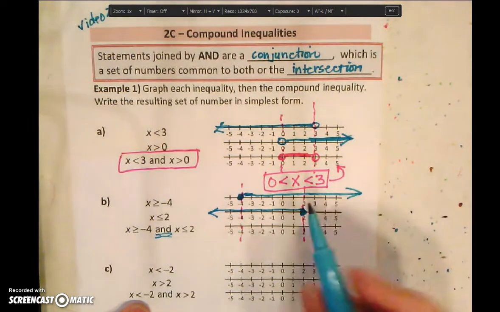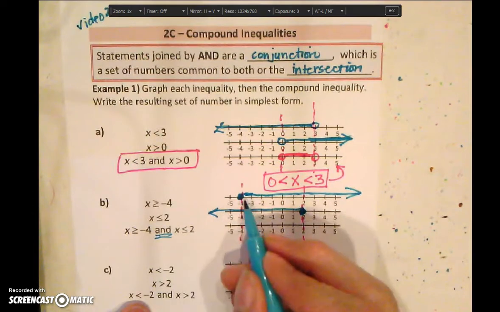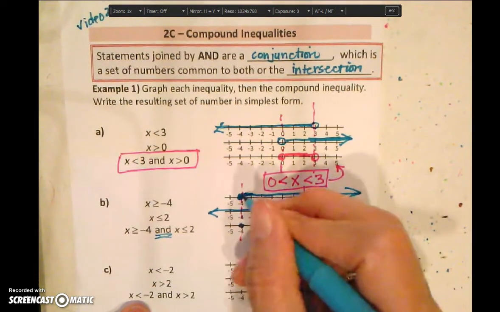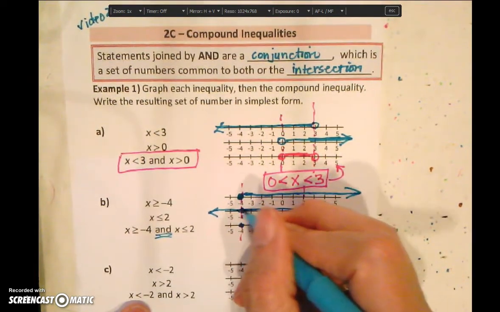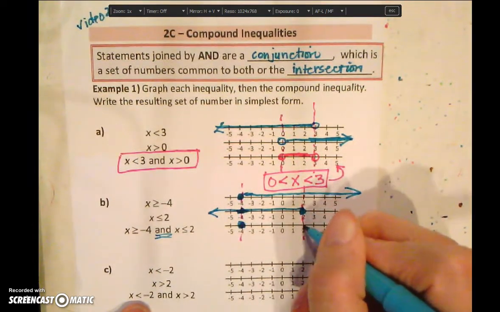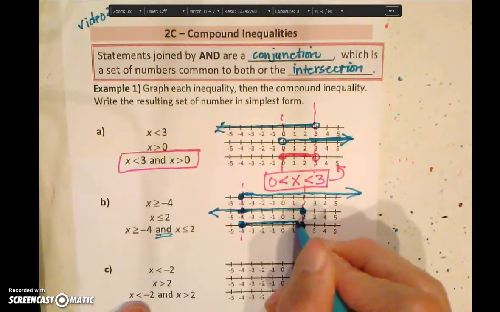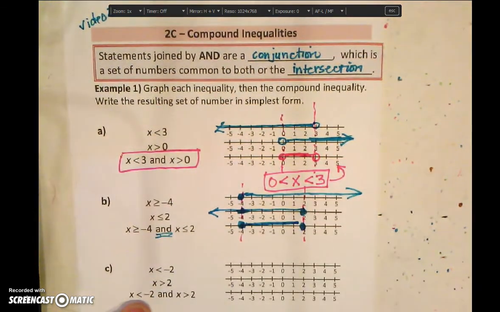And I see that my numbers that are in between -4. -4 is actually in both of them. You can see this both shaded, so this is going to be a shaded dot. My 2 is in both of them, so that's a shaded dot. And everything in between, again, is in both of them.